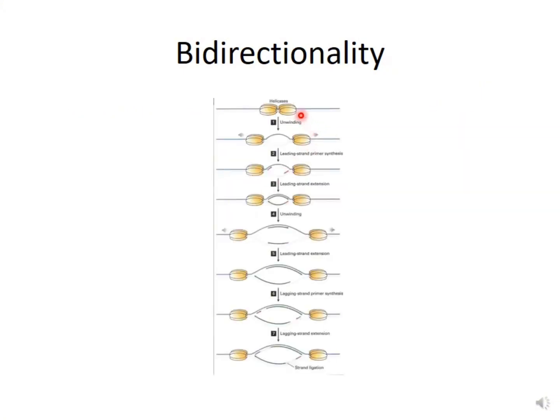So as you see here, we have the replication origin, and two helicases bind to that replication origin. Each of these helicases is going to move in an opposite direction than the other, and as it moves in that direction, it opens up the DNA double helix, allowing for DNA replication to take place.